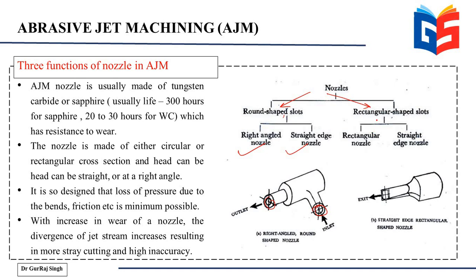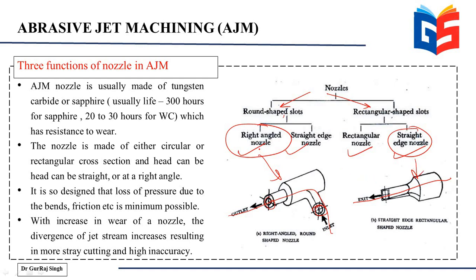Similarly, the rectangular shaped nozzles are also either right angled or straight edge. For example, you have one circular right edged nozzle here, and a straight edged rectangular nozzle here. So you have one from each category shown in both these images.